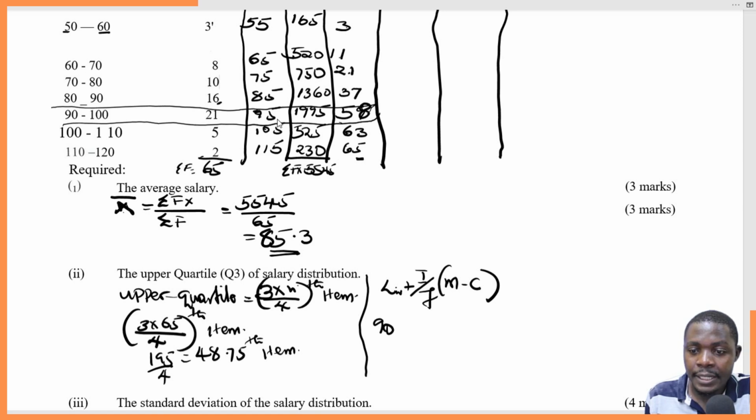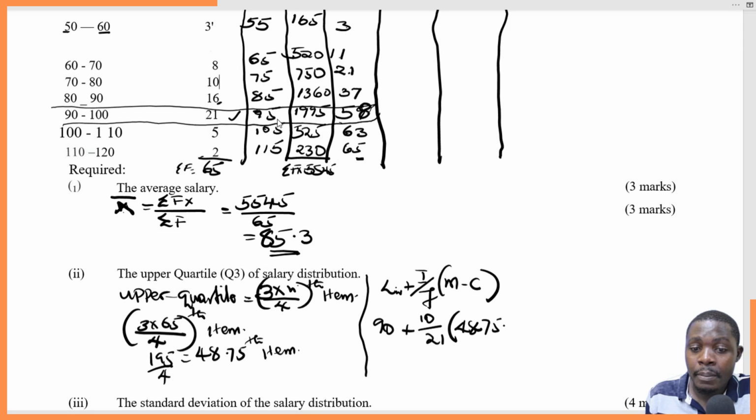We have 90 plus 100 minus 90 is 10. That's the class interval, 10, over frequency. Frequency for this cell is 21. I pick 21 into the median, the middle item, we got 48.